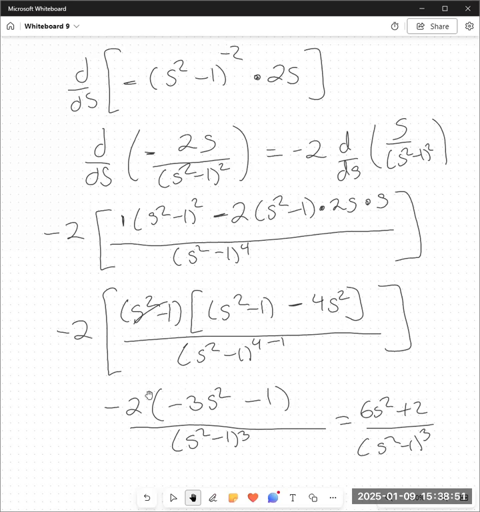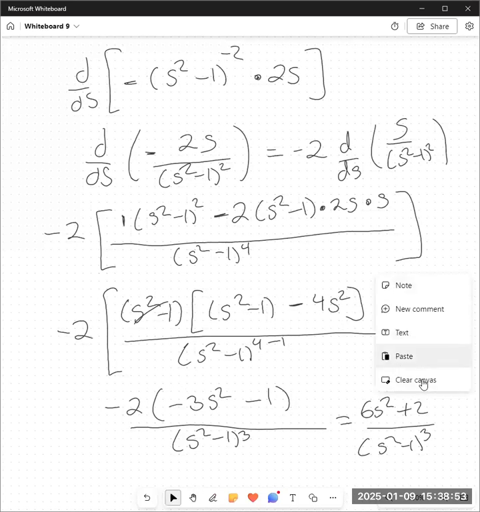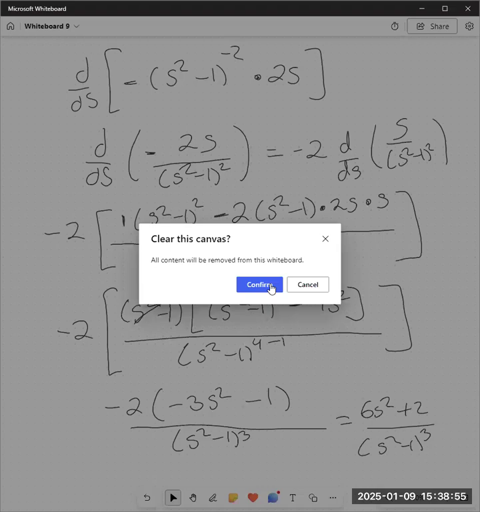Moving along to number 7. The Laplace transform of t e to the 2t sine of 6t.